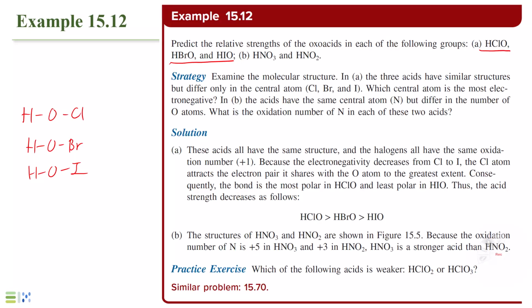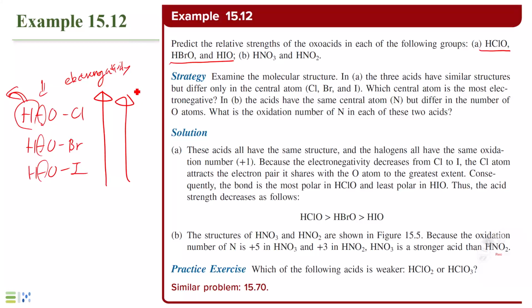You need to compare the relative strength of these three oxo acids, and you know that from this order, the electronegativity is higher, so that means the electron density here is much smaller, so H is easier to be detached. So the relative strength of acid will be in this order.